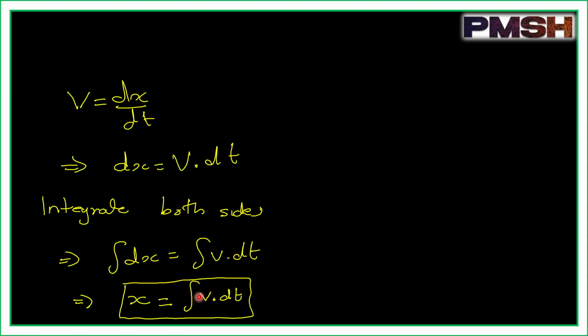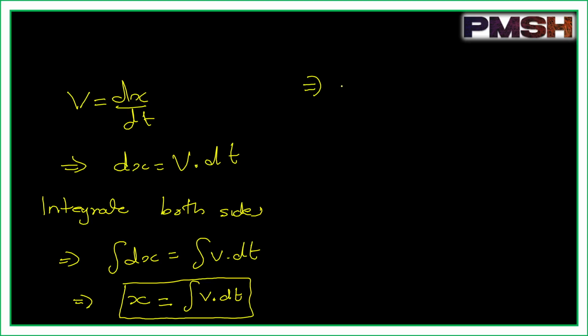So we are finding the area under the velocity time graph. Integration is the mathematical operation to find the area. We will get displacement. That's a very important point for doing problems.